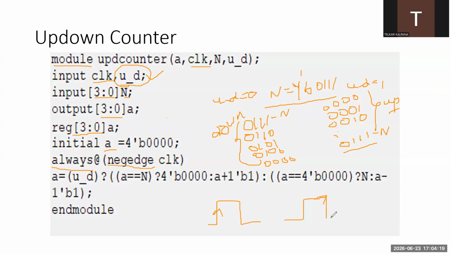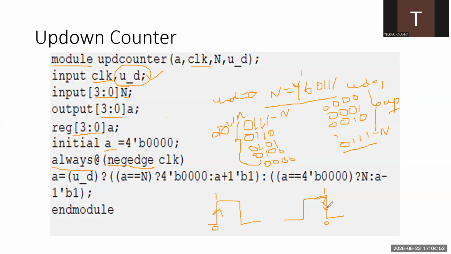Positive edge triggering means if a transition takes place from 0 to 1, then we call it positive edge triggering. And if the transition takes place from 1 to 0, we call it negative edge triggering. So in this particular program, the change in the counting operation takes place for every negative edge triggered clock pulse.